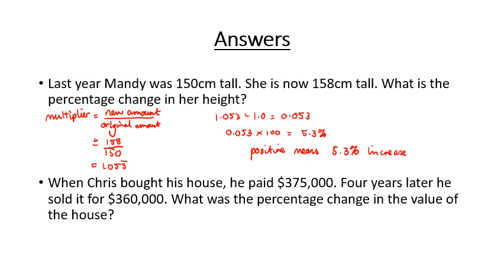In our second question, it says, when Chris bought his house, he paid $375,000 for it. 4 years later, he sold it for $360,000. Not a very good investment. What was the percentage change in the value of the house? So again, our multiplier is our new amount divided by our original amount.